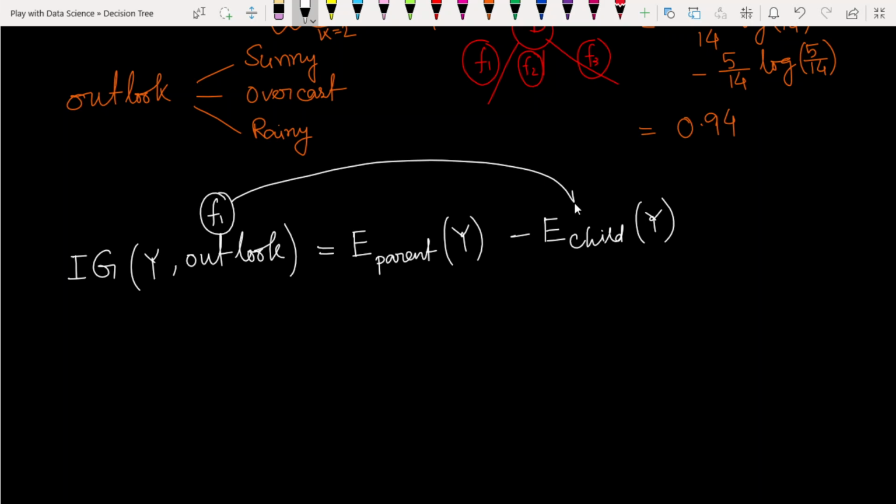This child is produced through these features. This is the simple formula of the information gain.